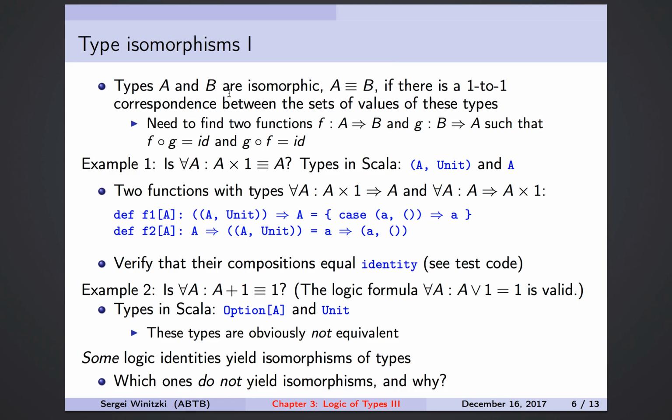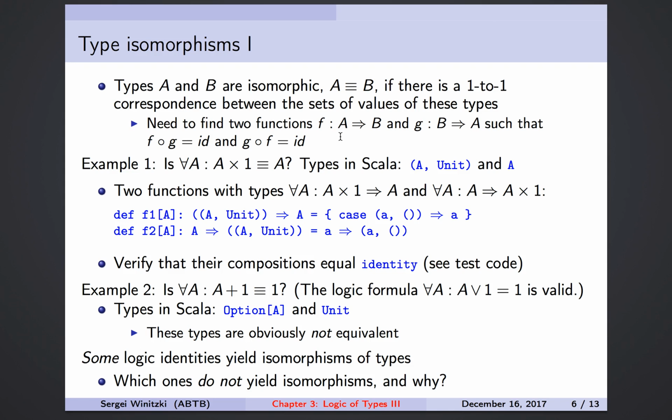So equivalence of types in the mathematical language is called an isomorphism. And the formal definition is that you need to have two functions, one going from A to B and one going from B to A, such that the composition of these functions in both directions is equal to the identity function.